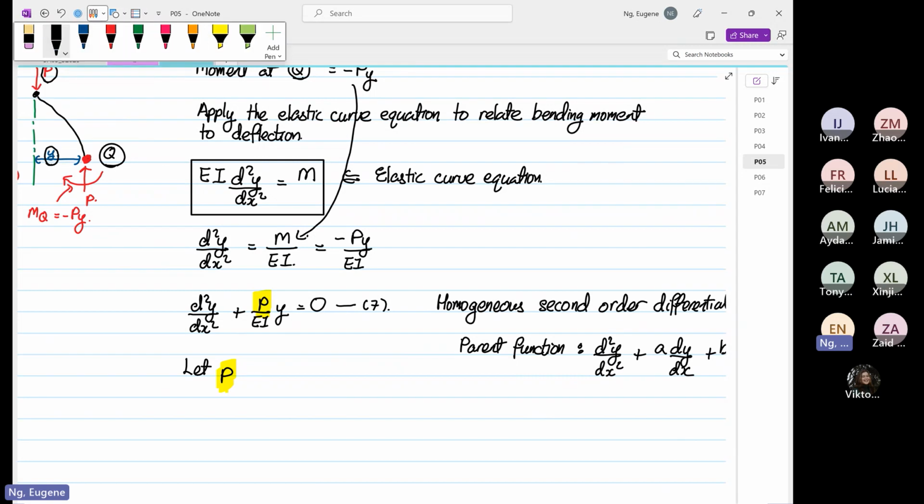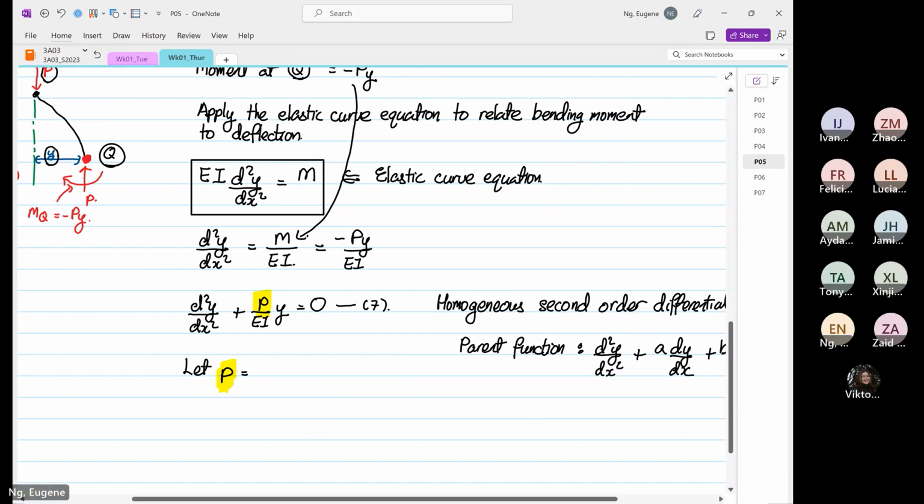We are going to let small p equal the square root of big P over EI. Why?